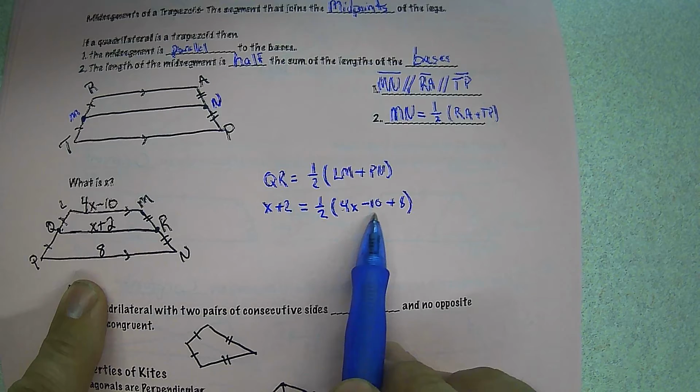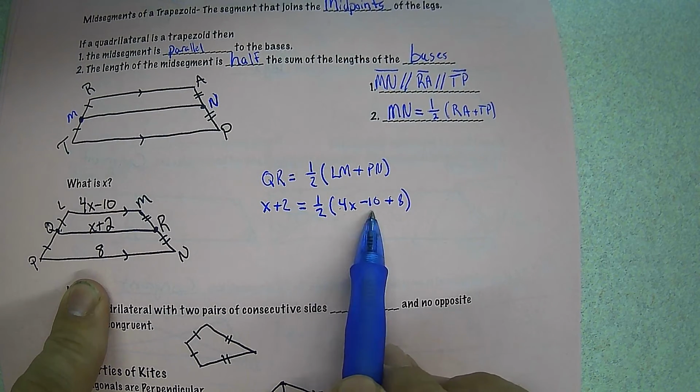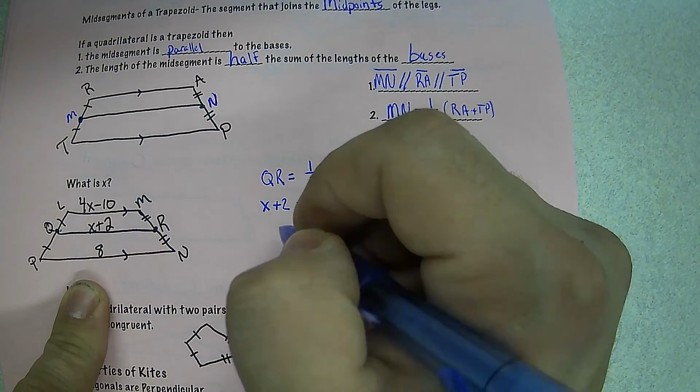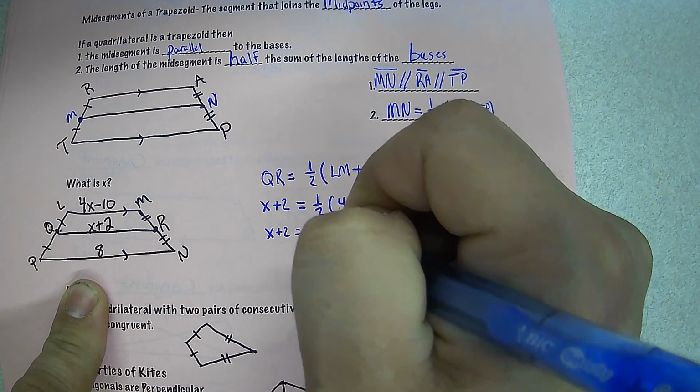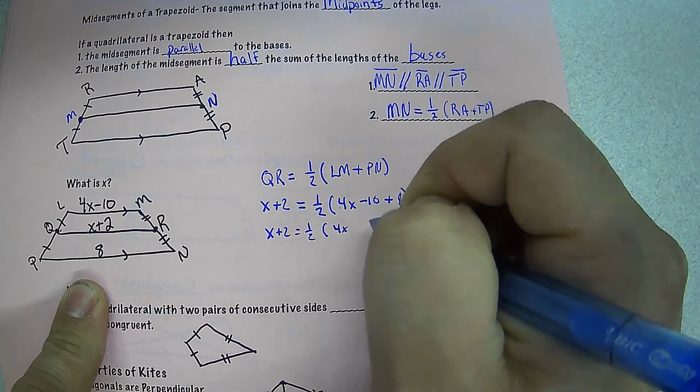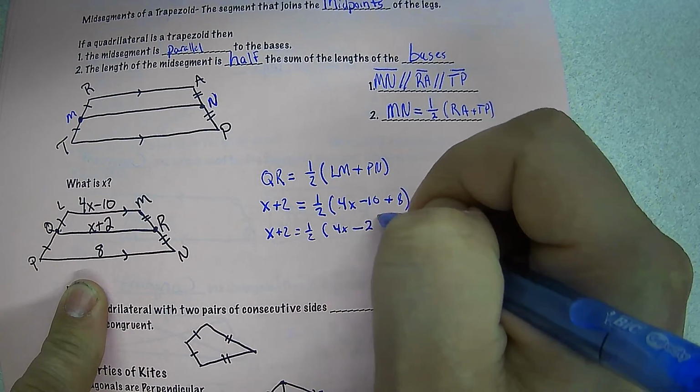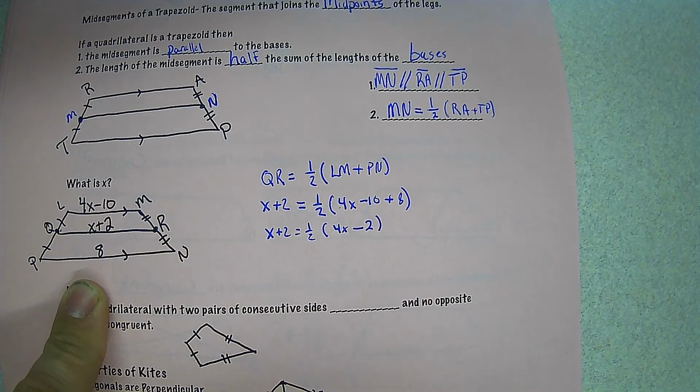We're going to simplify what's in here first. I have 4x, but then I have a negative 10 plus 8, so that's going to be x plus 2 equals 1/2 times 4x minus 2, because negative 10 plus 8 is negative 2.